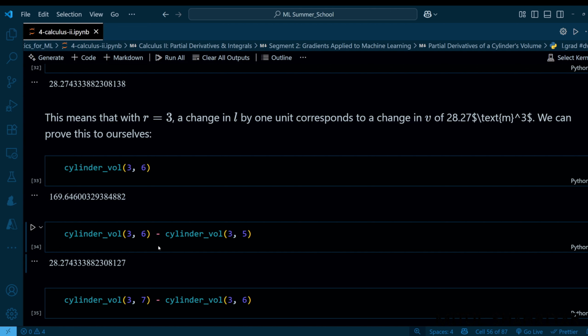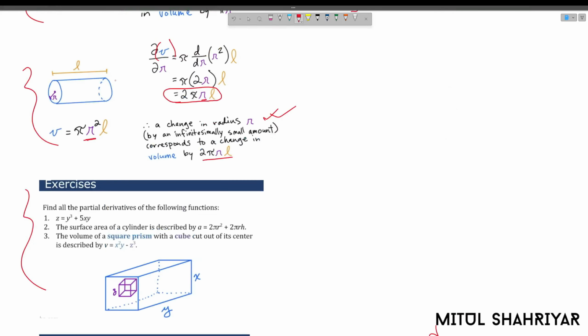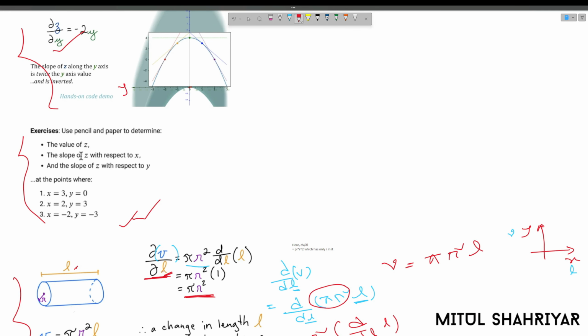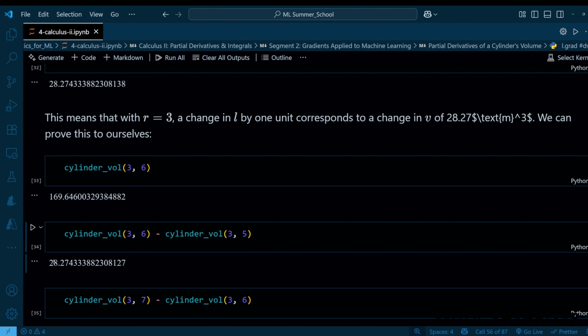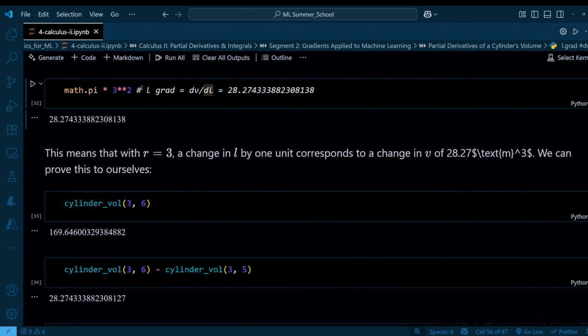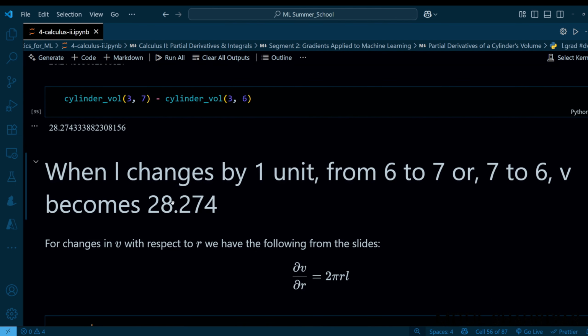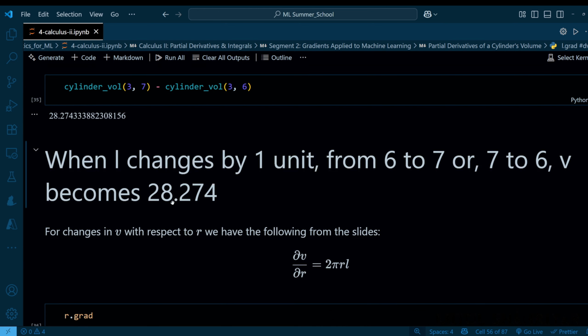Isn't this what I told you earlier, that an increase or decrease in length, which is L, impacts the volume by exactly pi r square. You can see here the math, pi r square. Again, from 7 to 6, same thing. This is the beauty of differentiation.